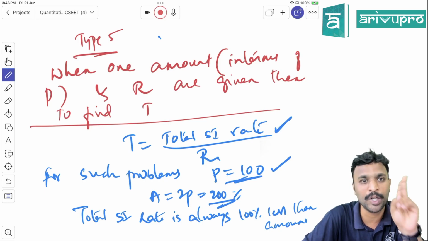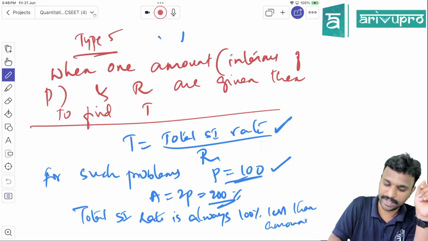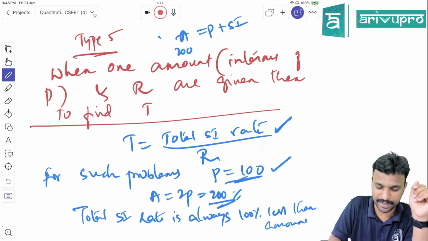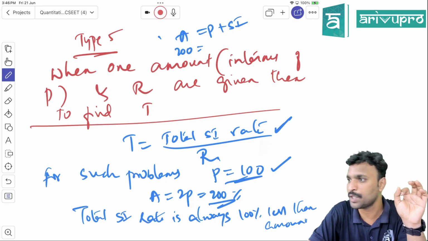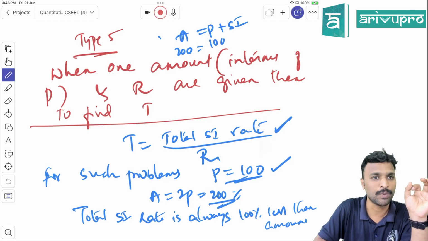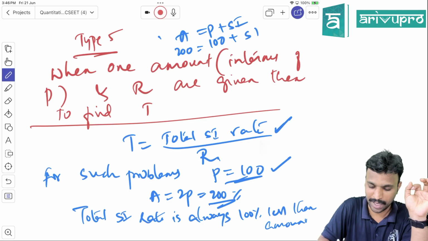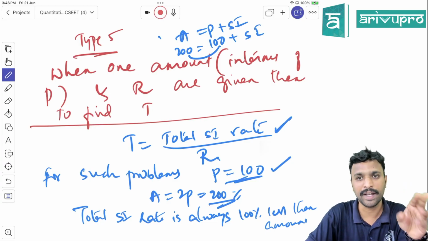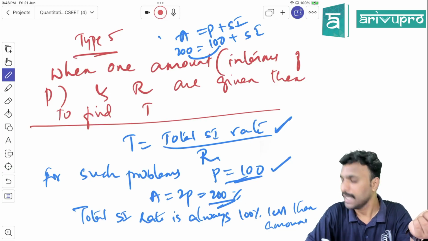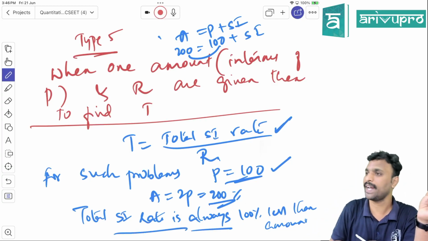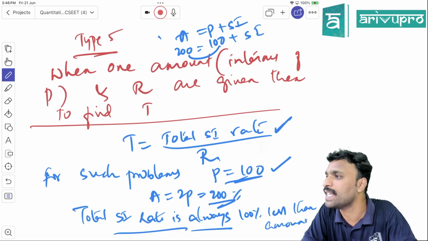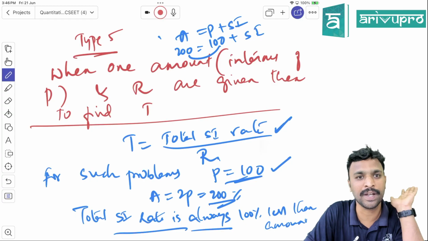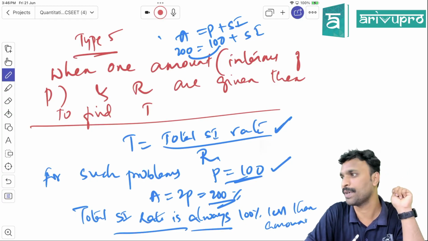So total SI will be 200%. How is it? Basically, what is A? P plus SI. If the amount is 200%, I'll substitute 200 in place of A. P is taken as 100, plus SI. Tell me what is SI? 200 minus 100, that is 100. If the amount is 300, 300 minus 100 is 200. Therefore, total SI rate is always 100% less than the amount. If the amount is 500%, total SI will be 400%.